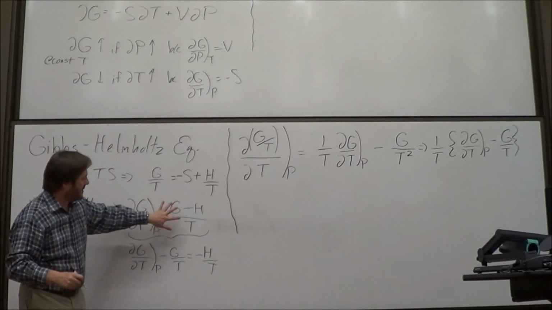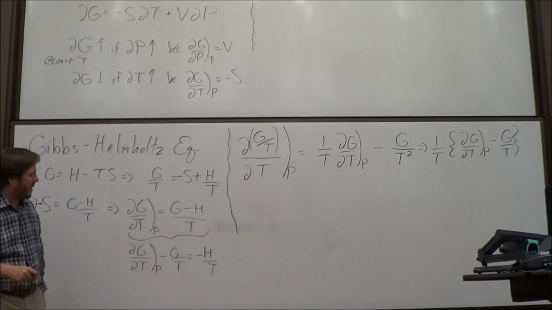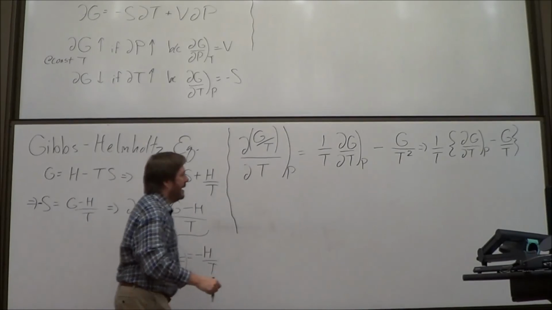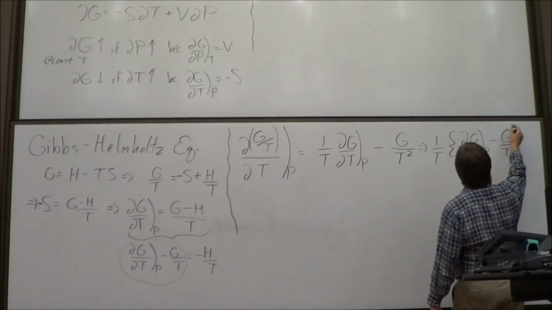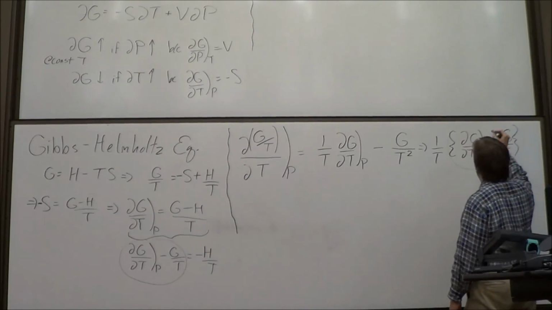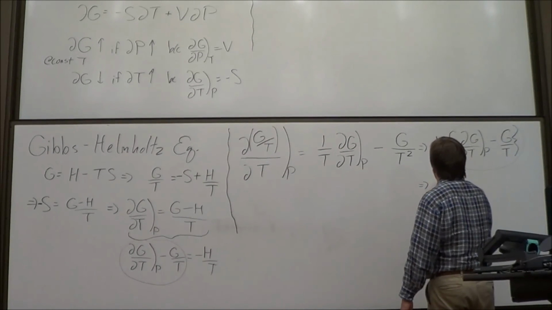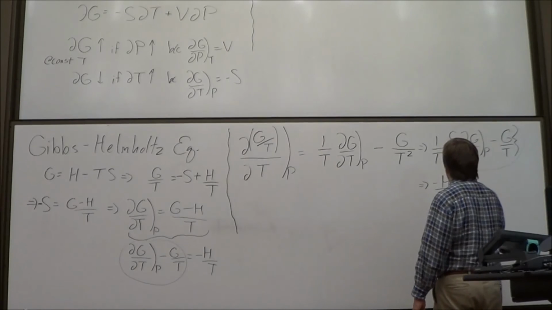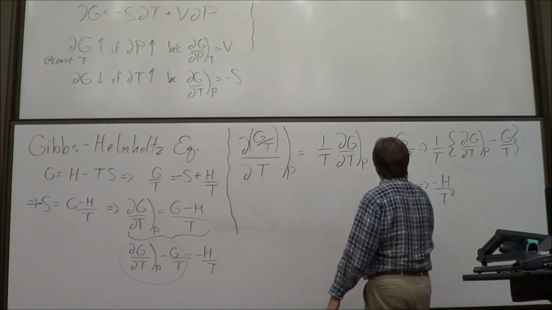I just took this leading term and subtracted it to the other side. Notice that this and this are the same. And therefore, this is minus h over t squared.